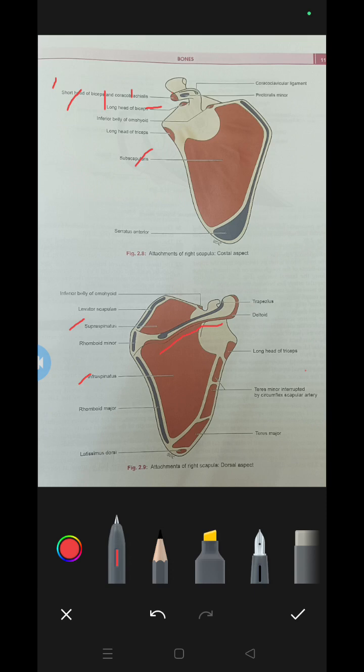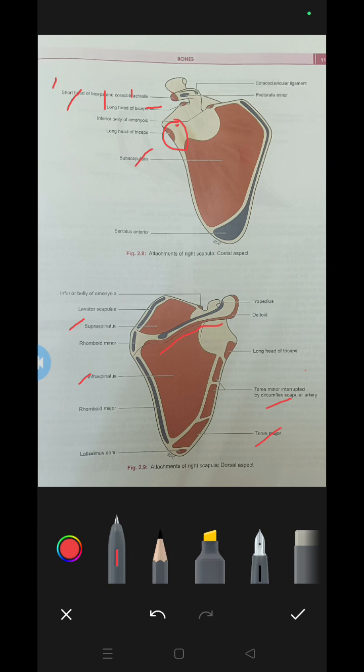Long head of the triceps brachii arises from the infraglenoid tubercle. This is the infraglenoid tubercle, that is the long head of triceps. Here is teres major, and this is teres minor. Teres major arises from the lower one third of the rough strip of the dorsal aspect of the lateral border.